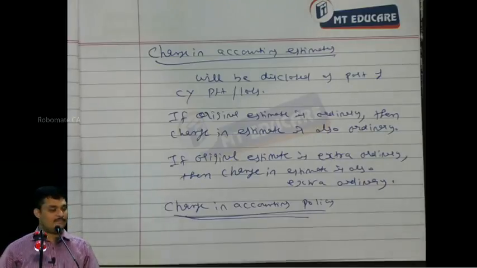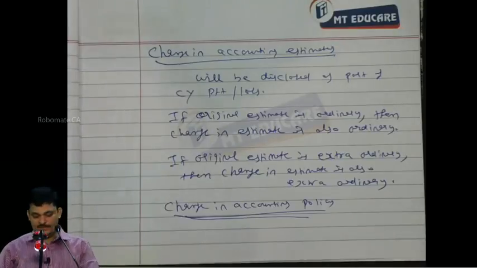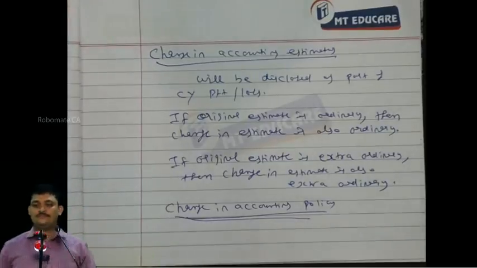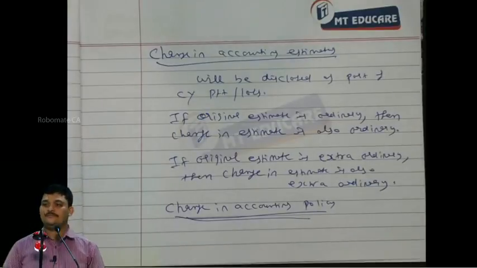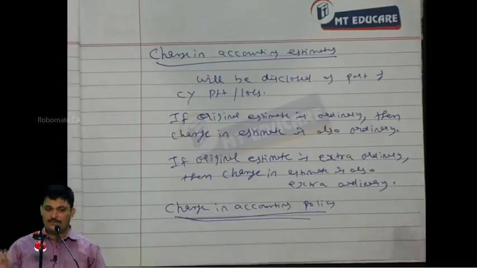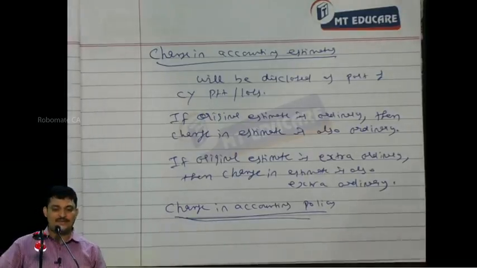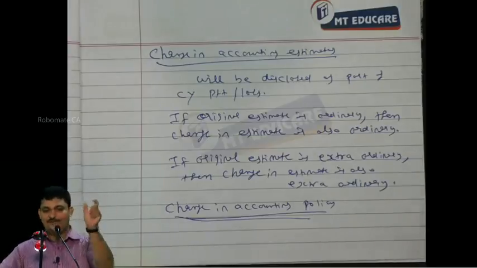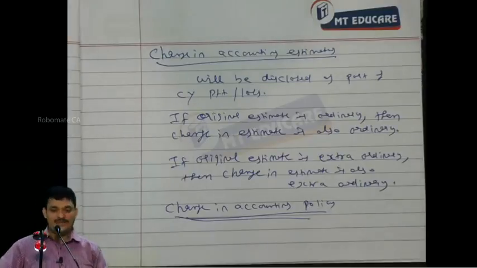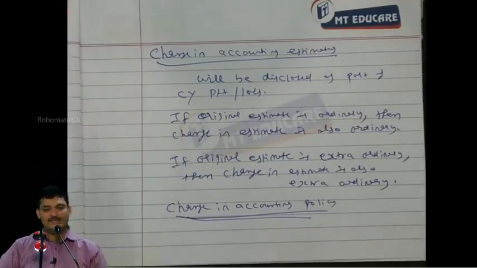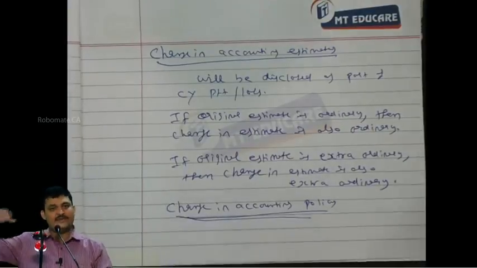But if the change in accounting policy does not affect the current period but affects the subsequent period, sometimes what happens, the change is made in this year but it doesn't have any impact in the current year, it is affecting only the subsequent period.